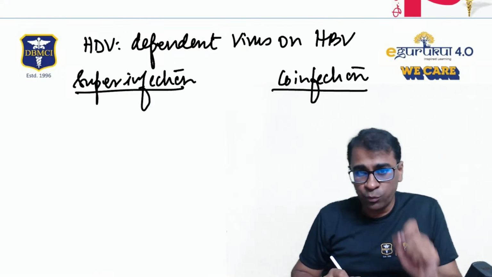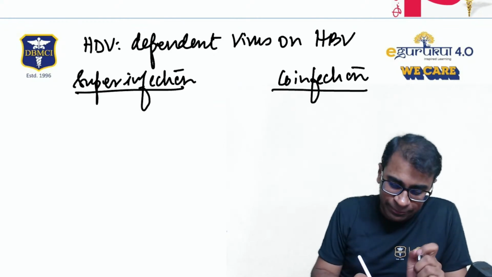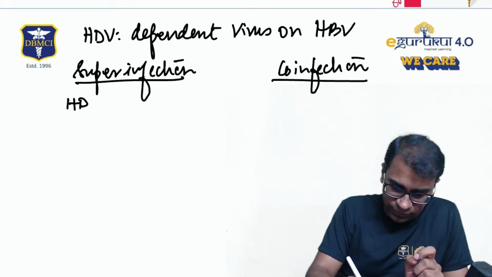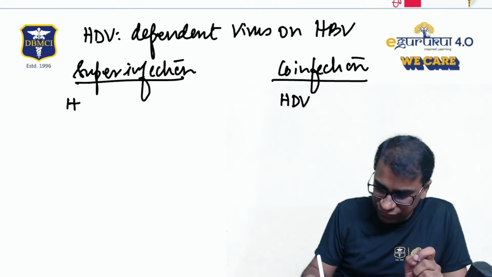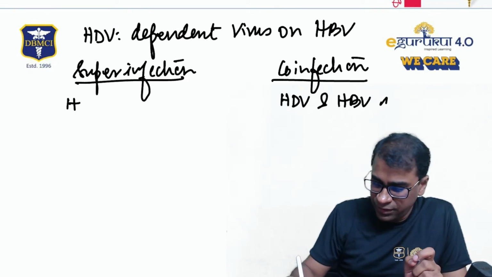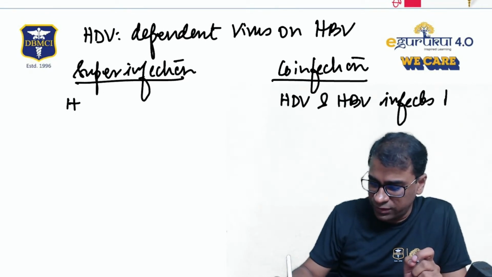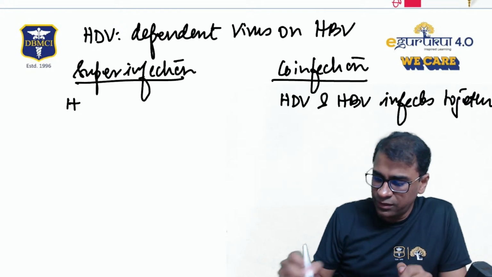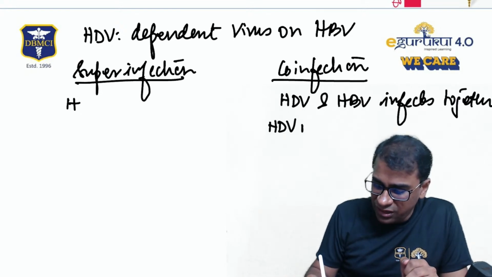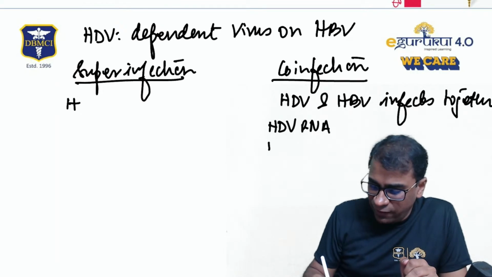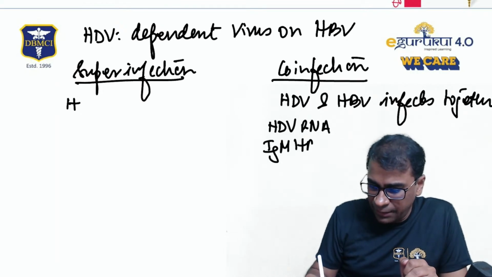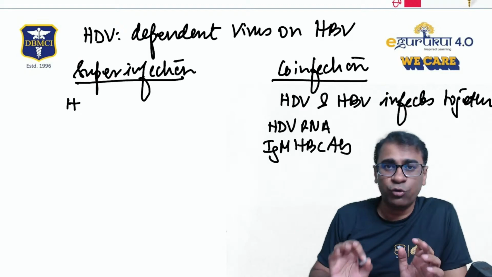Now what happens in co-infection? HDV and HBV infect together. You can get HDV RNA levels here, and along with that you get IgM type of HBc antibody in co-infection.